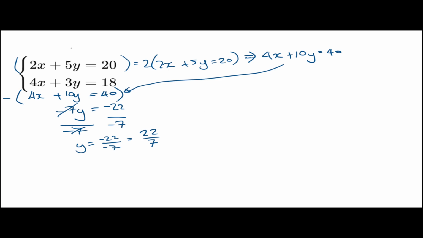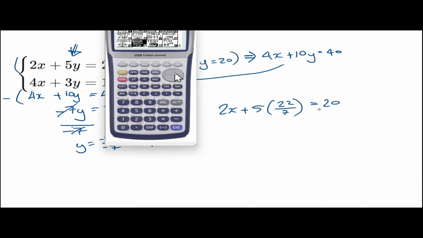And now we can come on to one of these. Let's do this one. So I'm going to copy the top one. 2x plus 5, and now y is 22 over 7 equals 20. So 5 times 22, brain melt. 110.